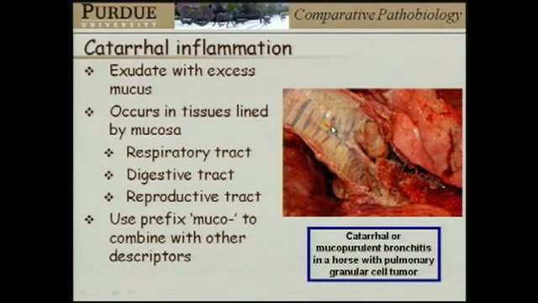If it's that yellow, we should assume that there are a lot of neutrophils there, and so we can combine that and say mucopurulent bronchitis, or tracheobronchitis might be even better. The culprit in this case is the granular cell tumor, and portions of that tumor are shown here, partially obstructing that bronchus, and that's the reason for the excessive accumulation of mucopurulent exudate.